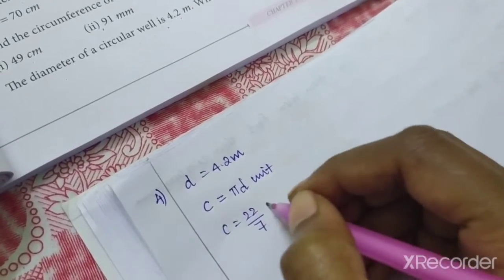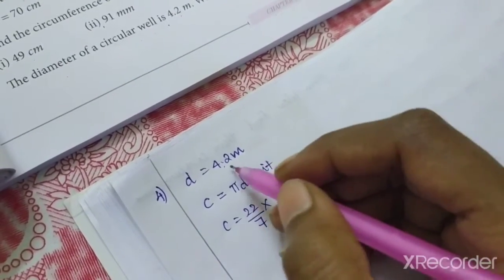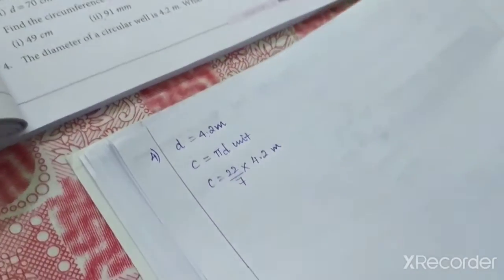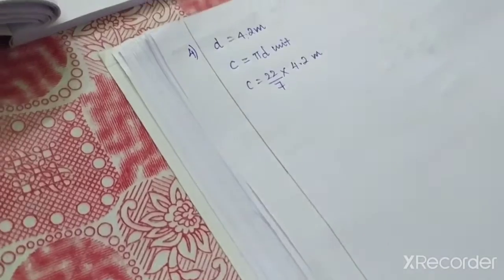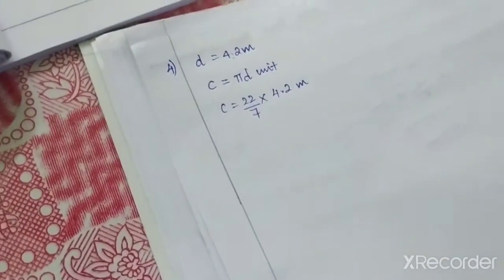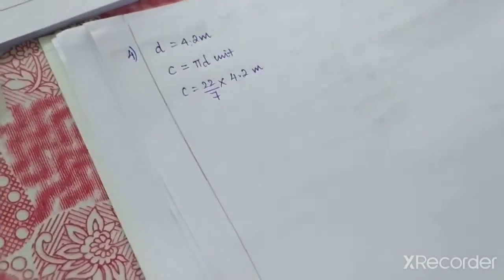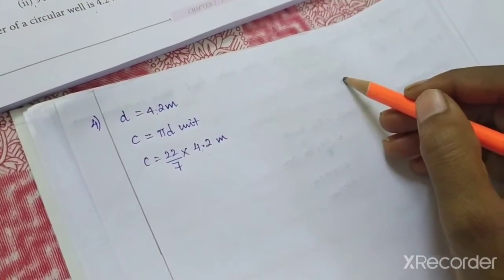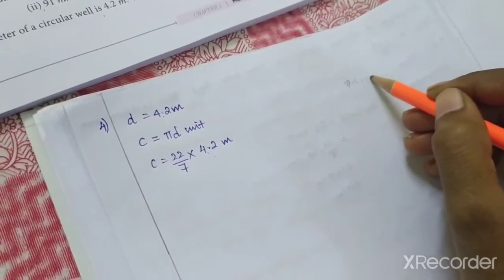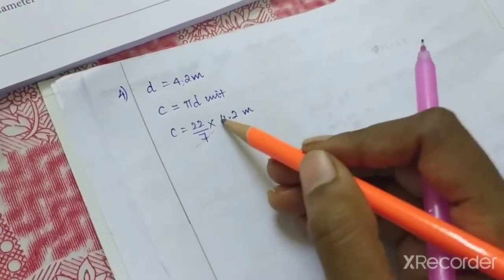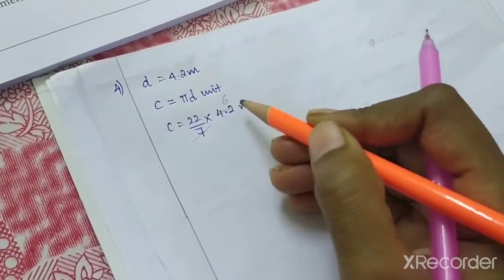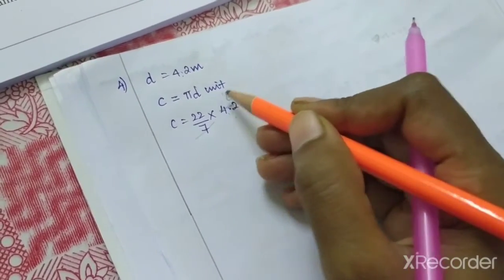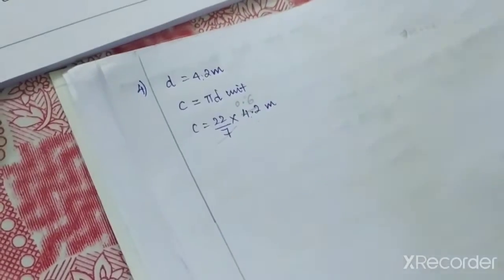We already know pi means 22 by 7, and d is 4.2 meter. Here we know 42 is 7 6s, but we have a point, so we cancel and get 6. After one digit we put the point, so 0.6.